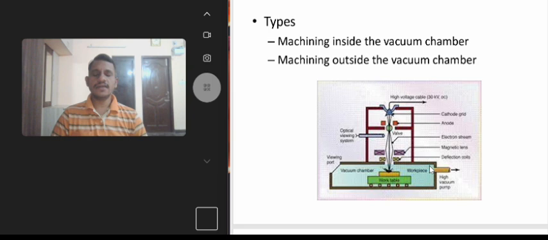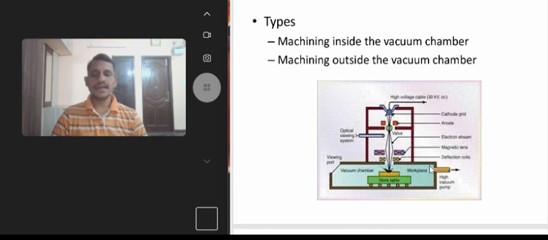The electron gun is responsible for the emission of electrons, and consists of the following three main parts. First one is the tungsten filament, which is connected to the negative terminal of the DC power supply and acts as cathode.